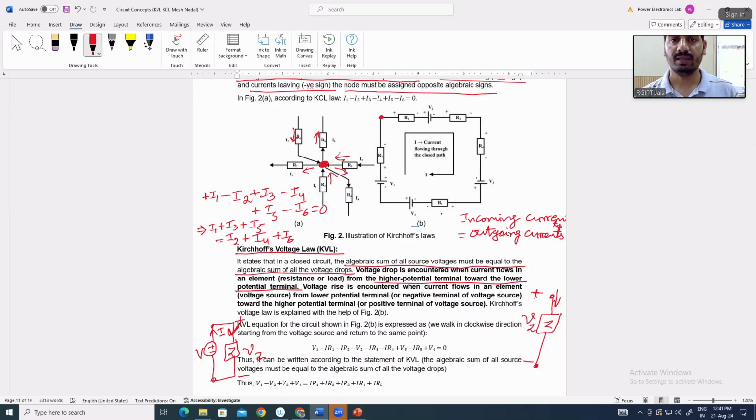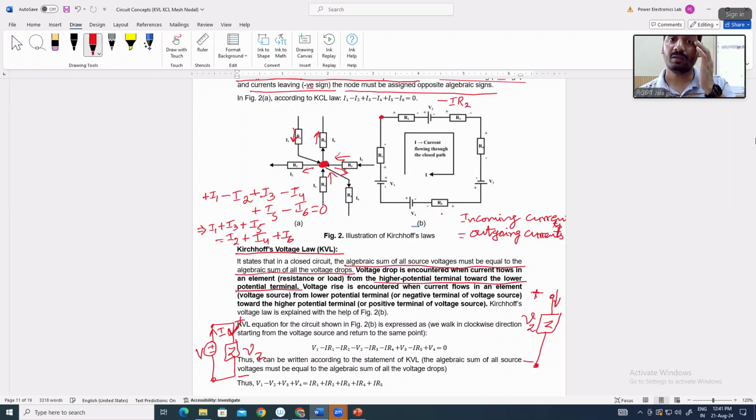So we will write the KVL equation. We start at this point. First we get a plus sign, then a minus sign, and it is an element. So the voltage across this element, moving from positive to negative, will take a negative sign: minus I into R2.